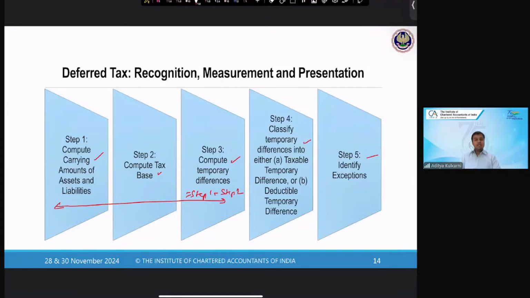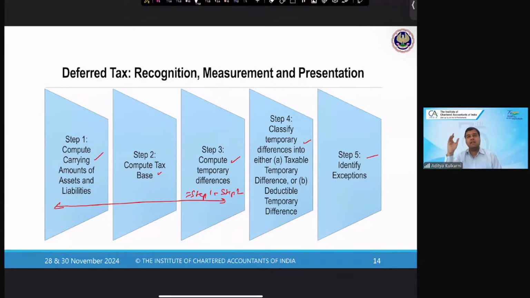So coming to deferred tax, I've already introduced the concept to you. So you should not have any problem understanding these points, or the hierarchy, to calculate the deferred tax. You have carrying amounts of assets and liabilities. We have already seen that.